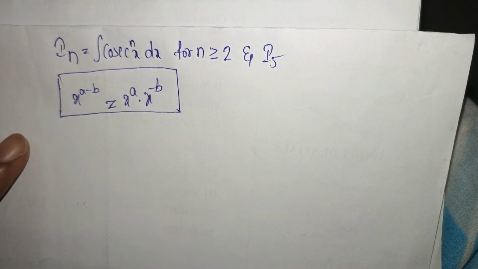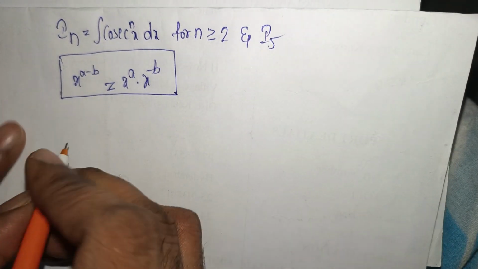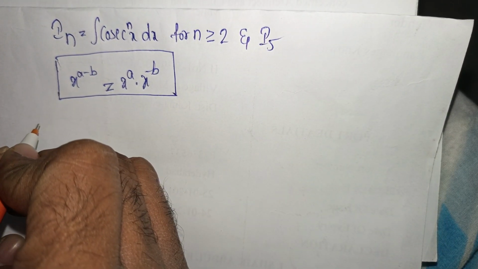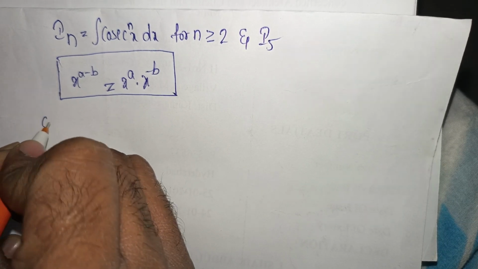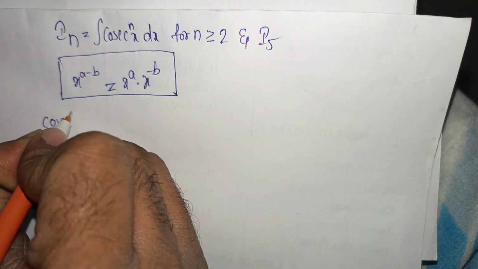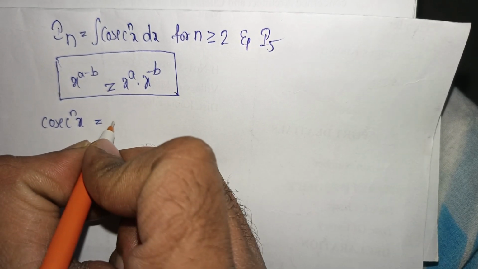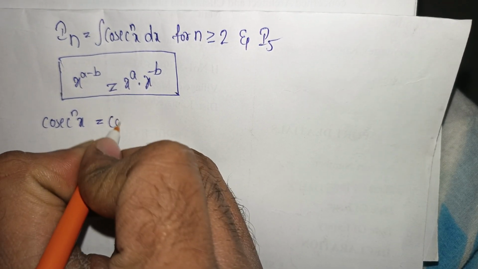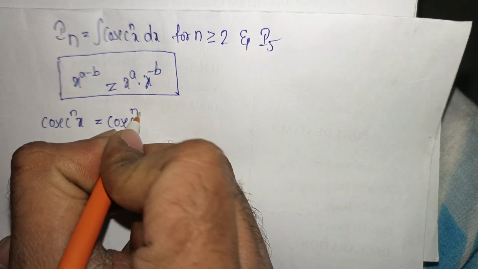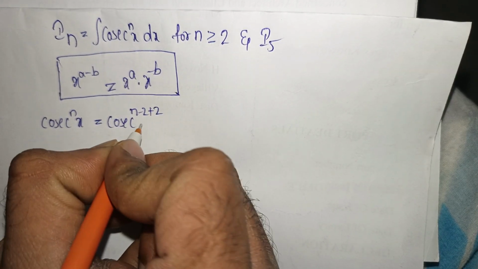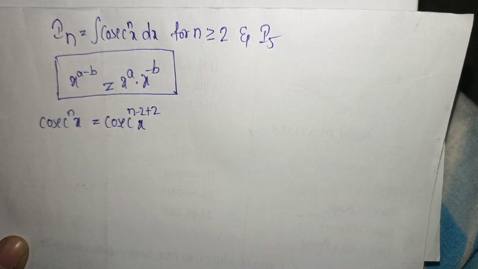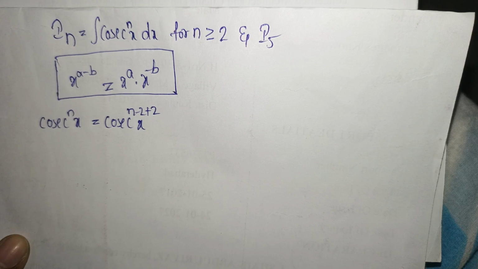The first thing we are going to do is convert cosecant to the power of n x. I can write cosecant to the power of n minus 2 plus 2 x, which is nothing but just a replacement of cosecant to the power of n x.